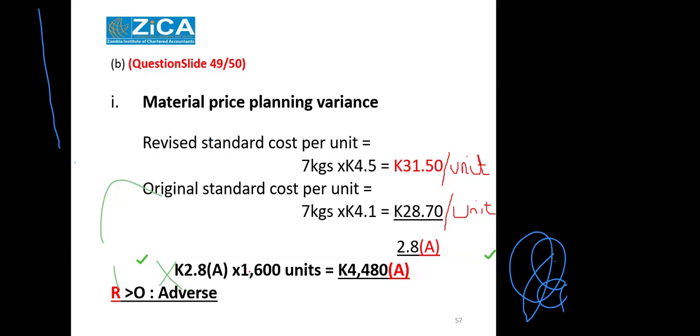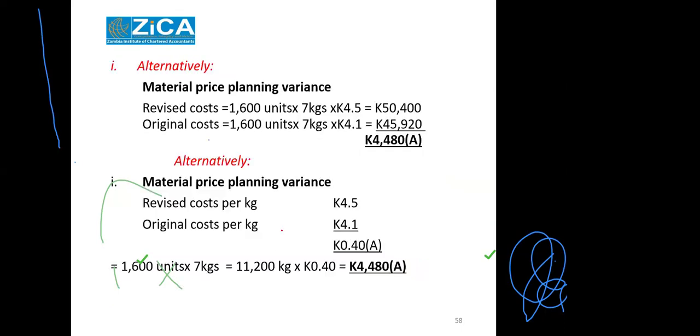Now in total, since you produced 1,600 units, you multiply 1.6 by 2.8. So the total planning variance is 4,480 adverse, and I put there R is greater than O, so adverse. Okay, next, I think the usage. Those are the alternatives. You can work per unit, per kg or in total, you get the same answer there.